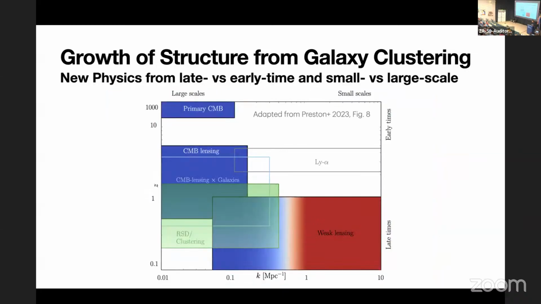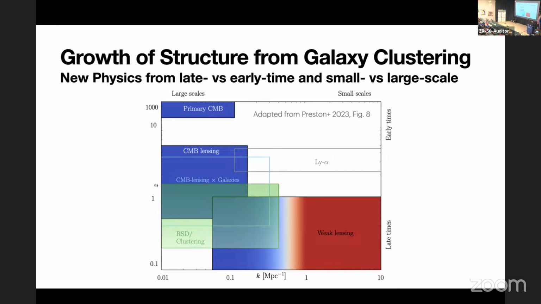The S8 tension, or sigma 8 tension, is the discrepancy between measurements by the cosmic microwave background, probing the large scale and early universe, and the galaxy weak lensing, probing the small scale, but also at late times.